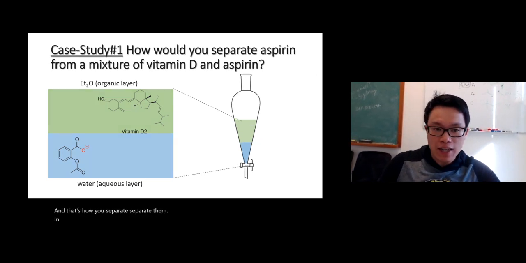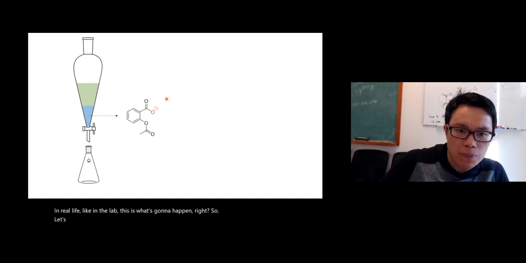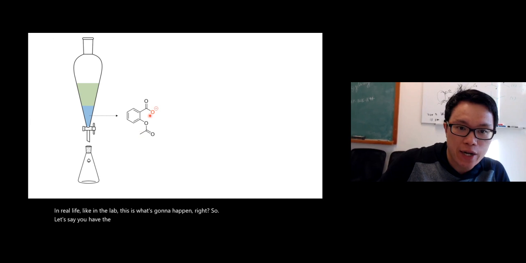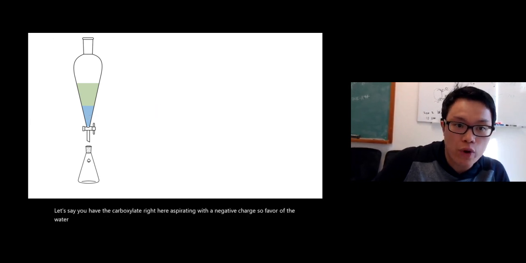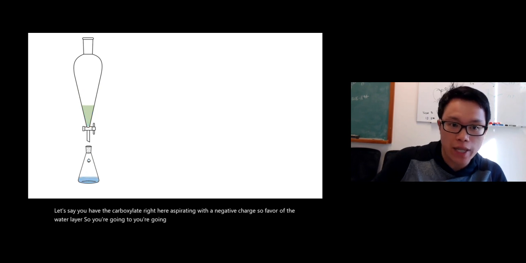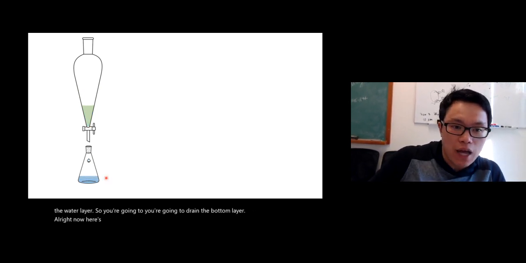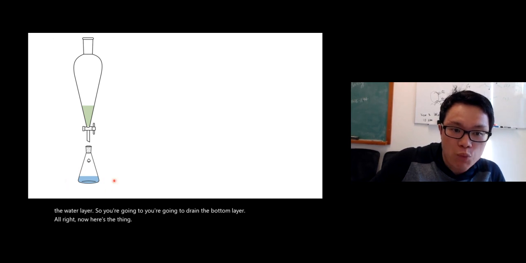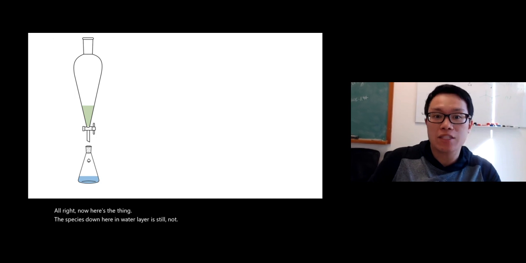In real life, let's say in the lab, this is what's going to happen, right? You have the carboxylate right here, aspirin with a negative charge, so it favors the water layer. So you're going to drain the bottom layer. Now here's the thing. The species down here in the water layer is still not the aspirin, right?